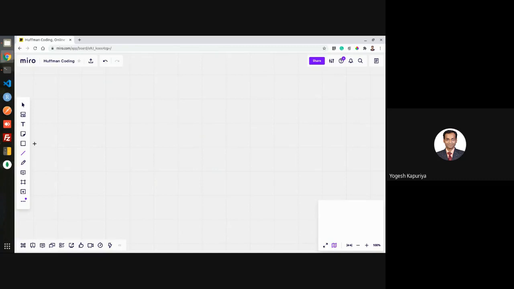Normally, whenever you are asked to draw a tree, this is how you draw it, right? So this is a very simple representation of a tree. Everybody knows this, right?